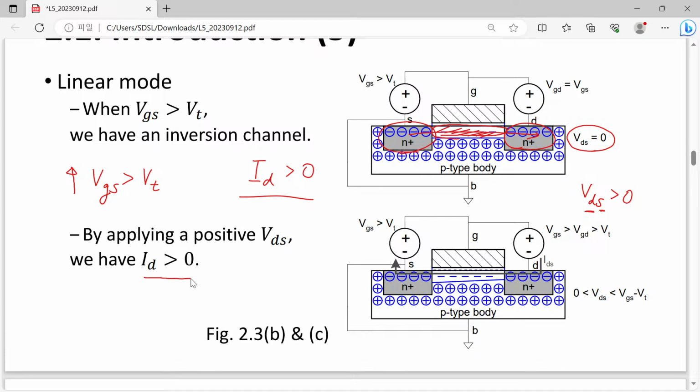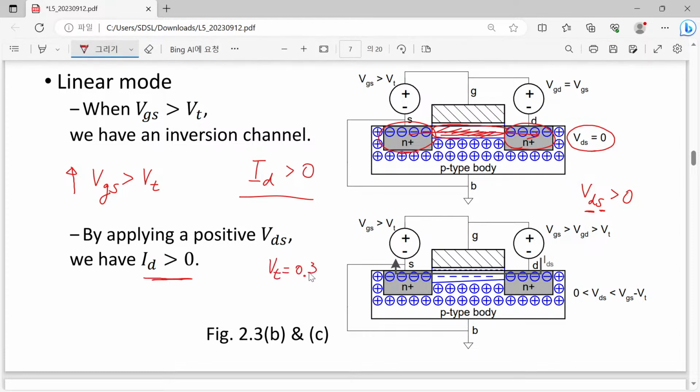Think about one typical example: threshold voltage is, for example, 0.3 volt, and you have applied a gate voltage of 1.0 volt. Then what will happen?